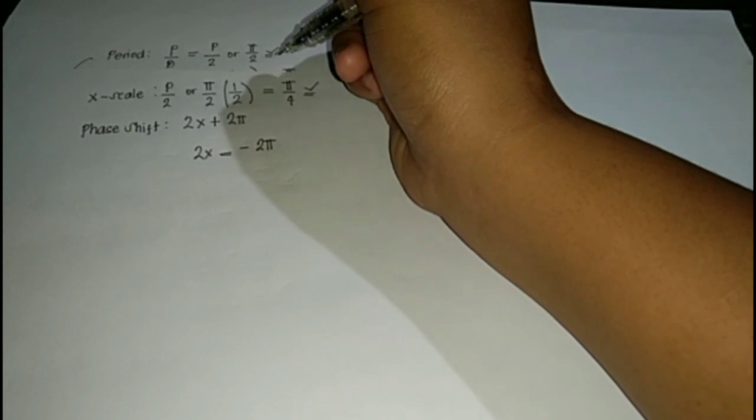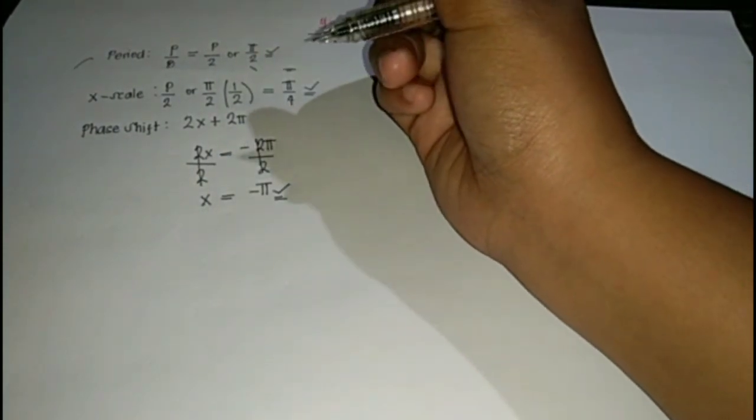So now we have 2x equals negative 2π, and then we divide both sides by 2 to cancel out the coefficient of x. The remaining is x equals negative π, and we have the phase shift.